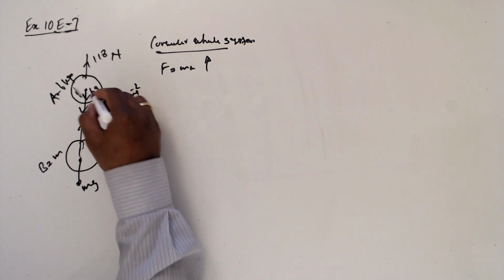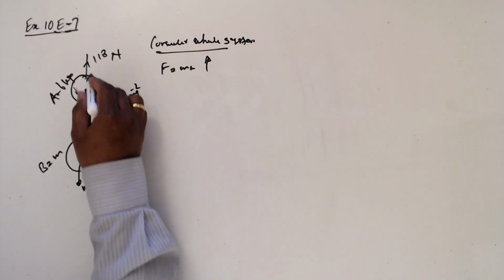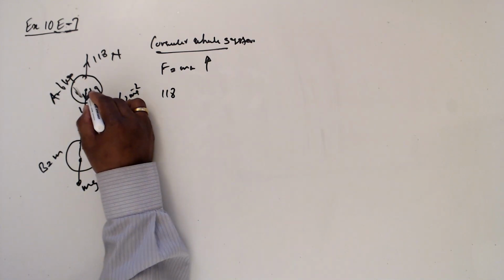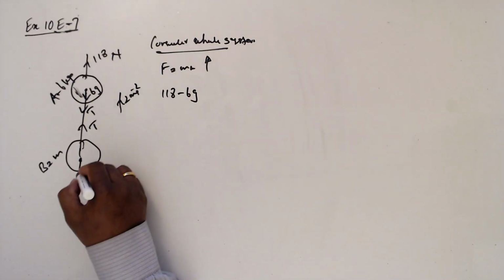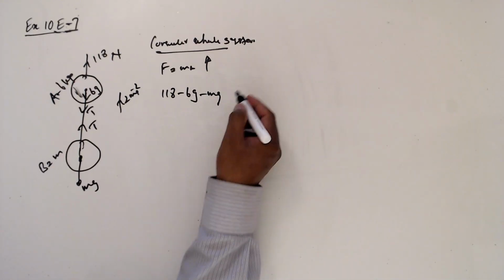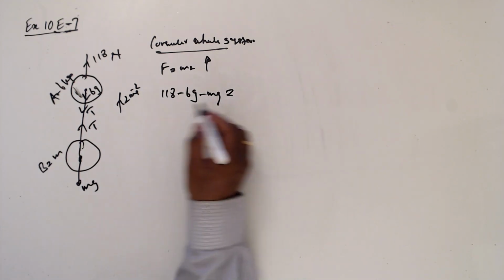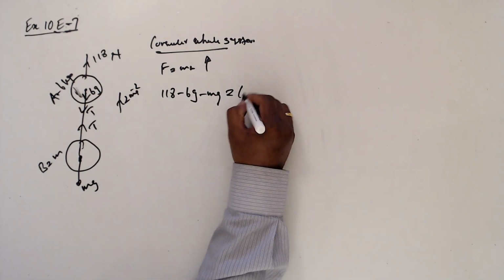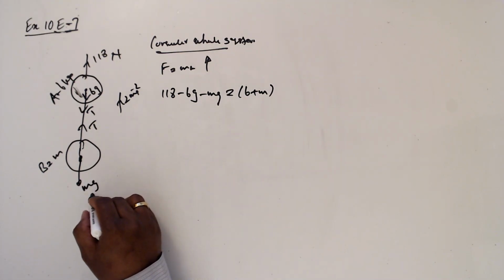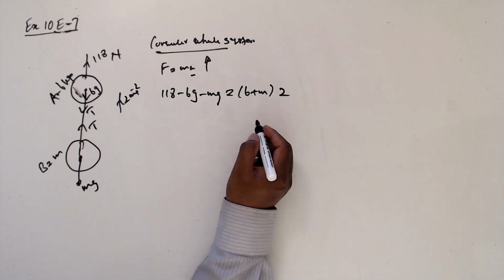So F: what are the external forces? You can see 118 upward. Then the weight of this particle is 6g downward, and the weight of this particle is mg downward. T is the internal force, we don't consider it. The mass is 6 plus m, and then a is going to be 2.